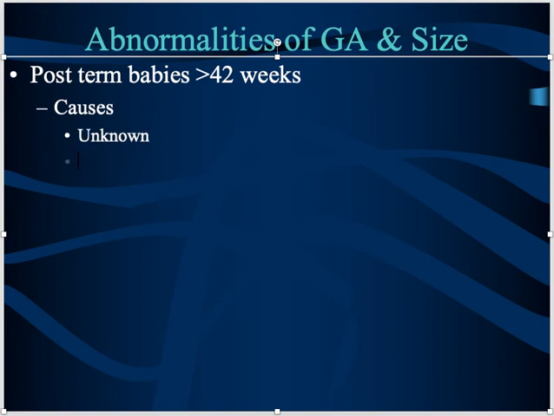One cause is first pregnancies: in a mother's first pregnancy, labor doesn't start too early, rather it takes some time. So there is a higher chance that females having their first baby may go into post-maturity or post-term labor. Anyone with a history of previous post-term labor is another cause.